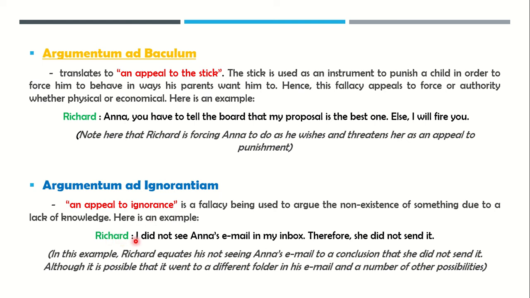Richard says, I did not see Anna's email in my inbox, therefore she did not send it. So in this example, Richard equates his not seeing Anna's email to a conclusion that she did not send it, although it is possible that it went to a different folder in his email and a number of other possibilities.